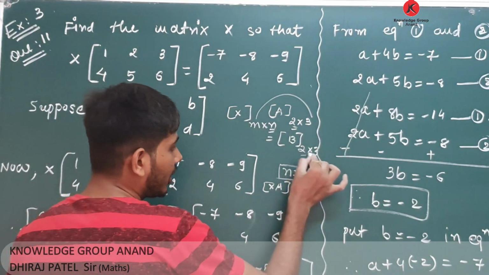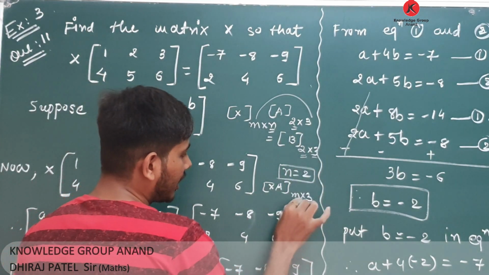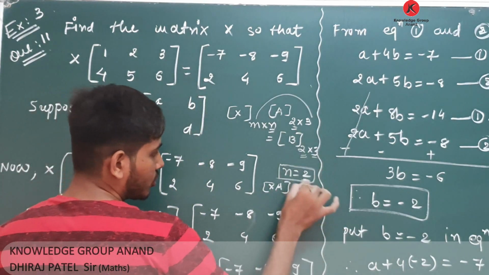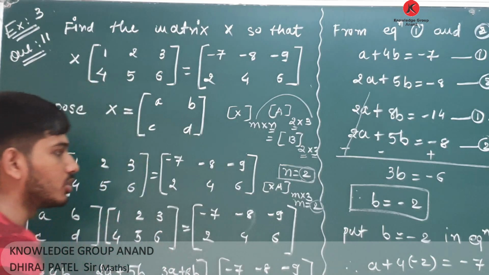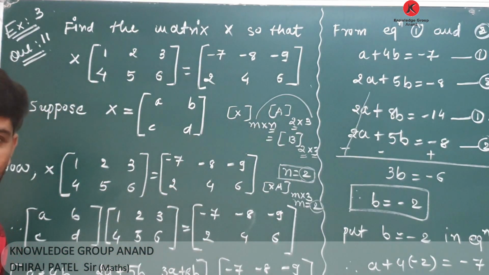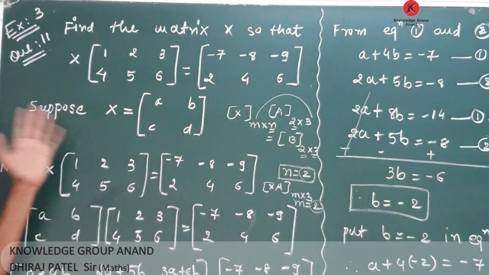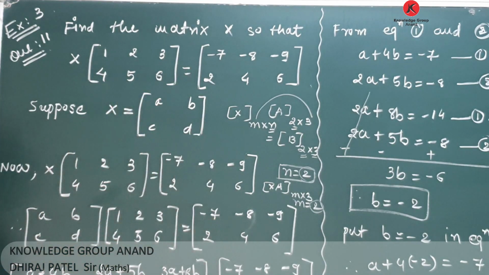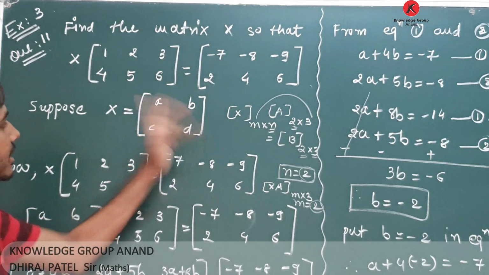Comparing the orders, we obtain that m equals 2. Here n is equal to 2 and m is equal to 2. Therefore, the order of matrix X will be 2 by 2. Is it clear? Now we suppose matrix X is a 2 by 2 matrix. Therefore, 4 variables are required: a, b, c, and d.